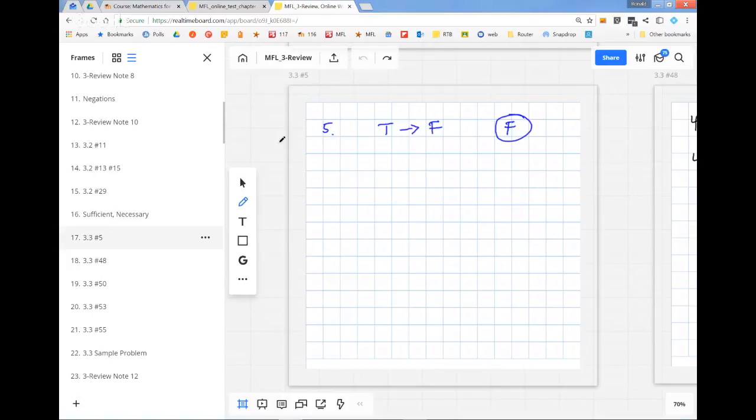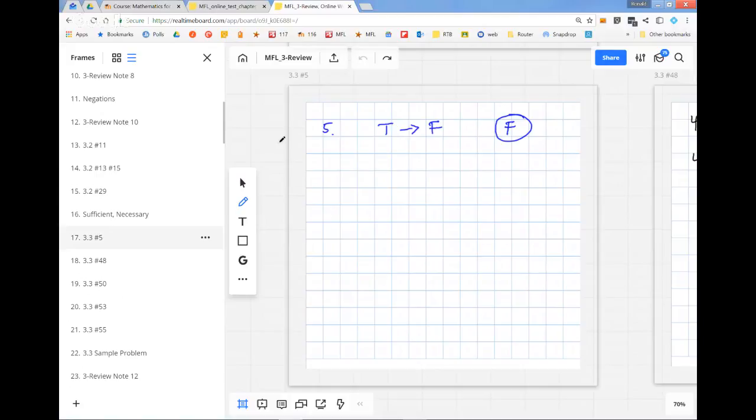So number 5 says, find the truth value of this statement: if 2 plus 2 equals 4, then 8 equals 5. Now 2 plus 2 equals 4 is a true statement, correct? True. 8 equals 5 is obviously false.